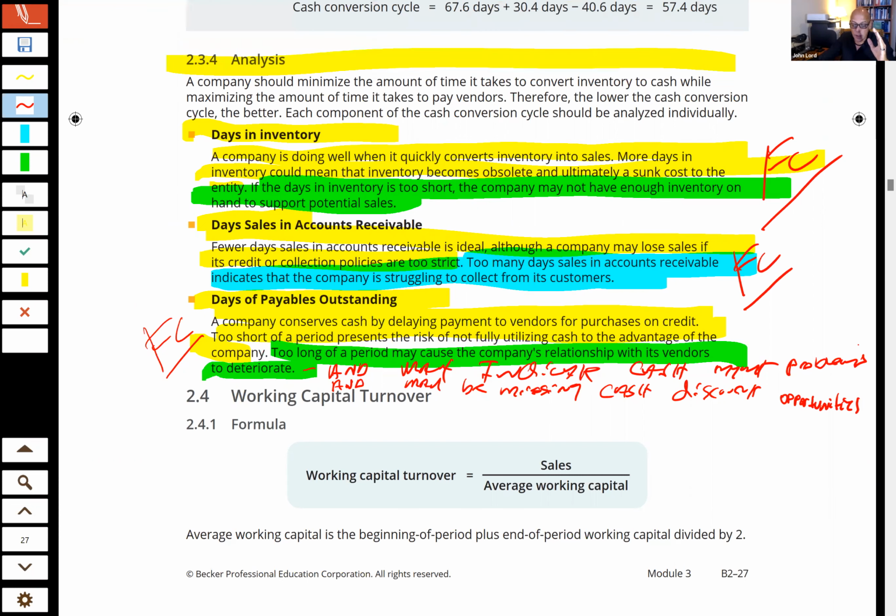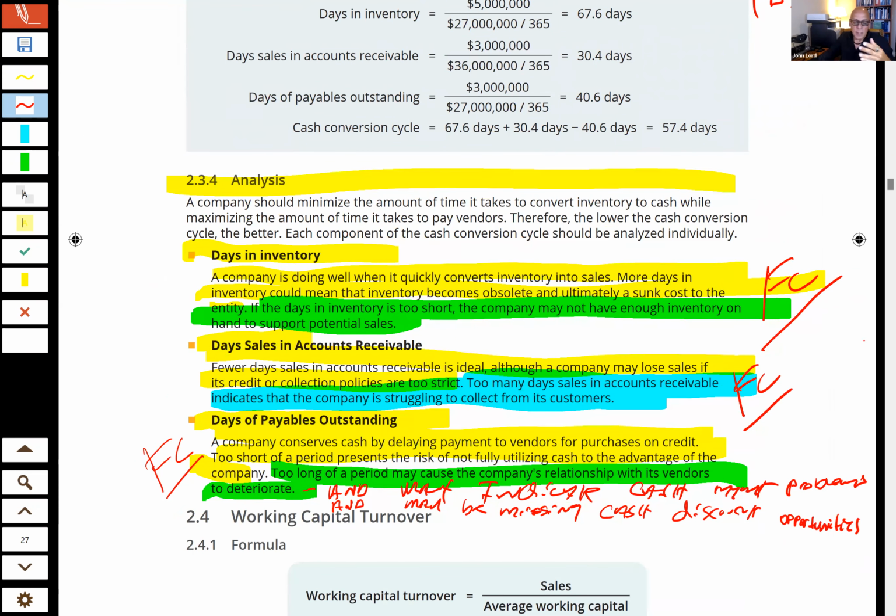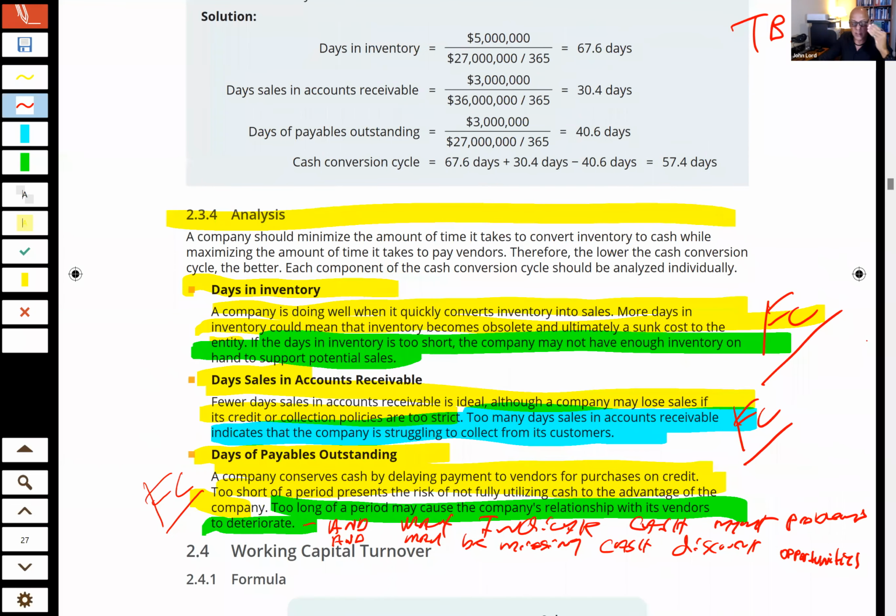Or maybe they just ask you what's the cash conversion cycle, right? The cash conversion cycle is made up of days in inventory, days in accounts receivable, days in payable. Just by remembering to mention those terms and having them called out in your answer, points, points, points, points.